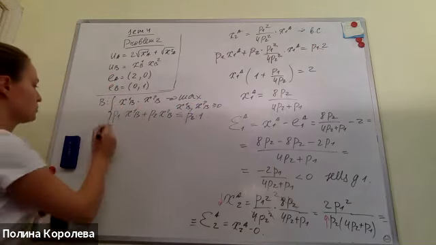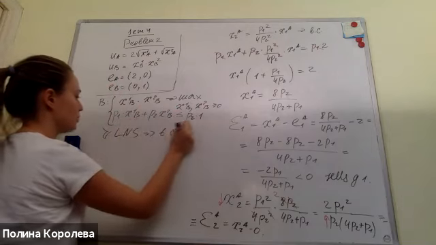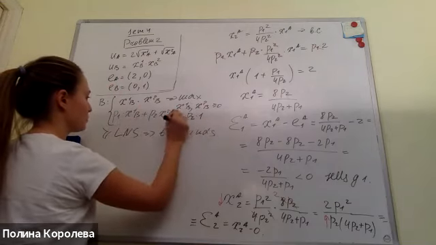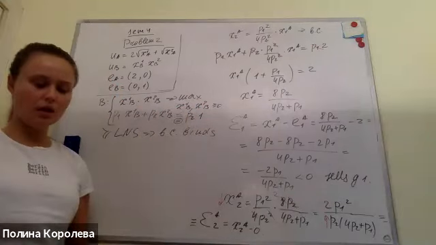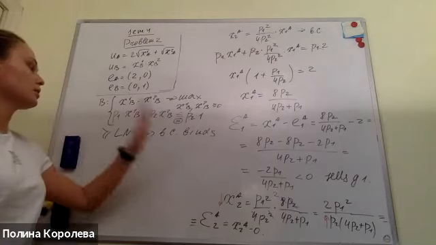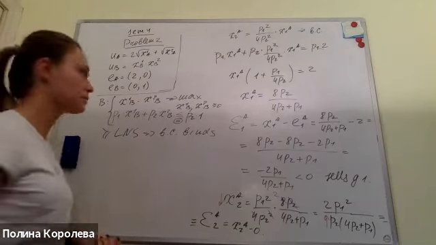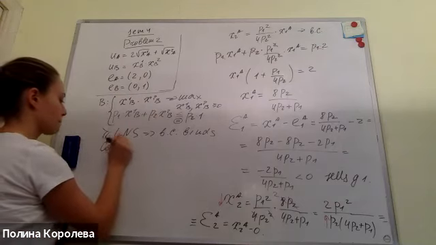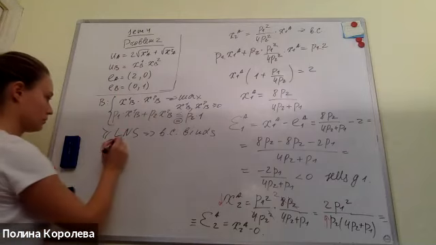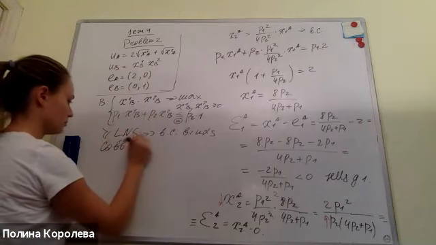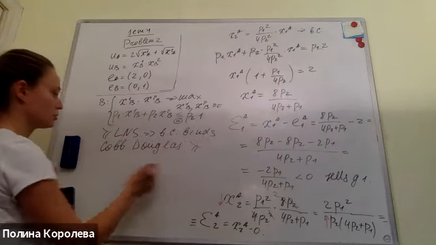Then, as always, we say that preferences are locally non-satiated. That's why the budget constraint binds, holds with equality. And then we can say that, for example, these are Cobb-Douglas preferences, and we know the formula for demands of Cobb-Douglas preferences.